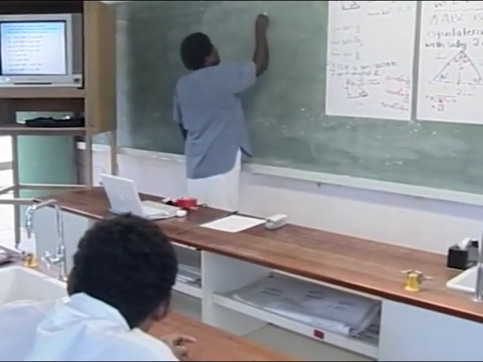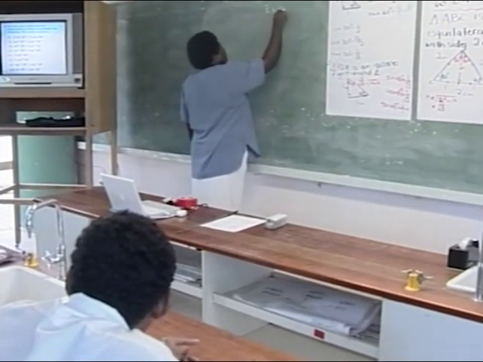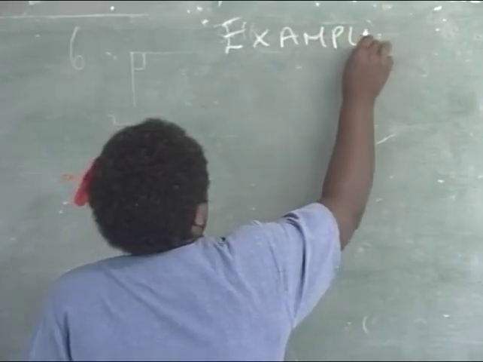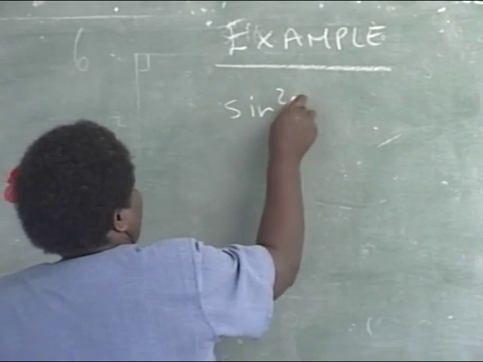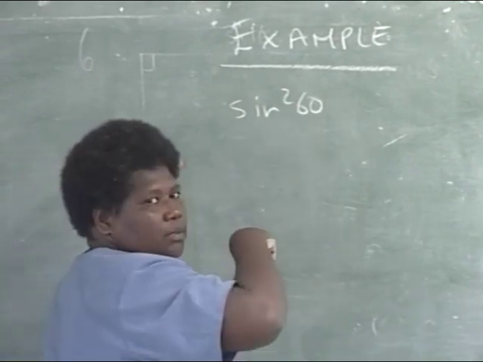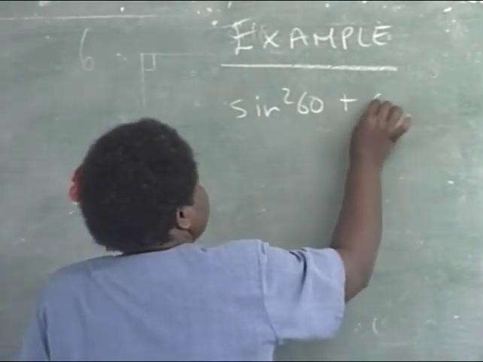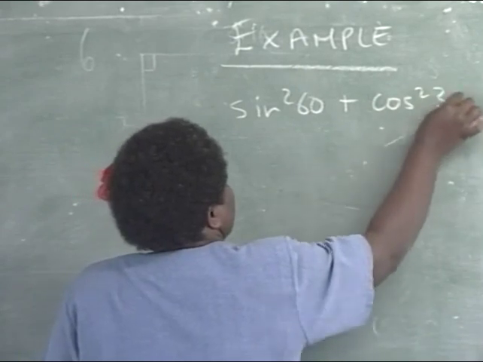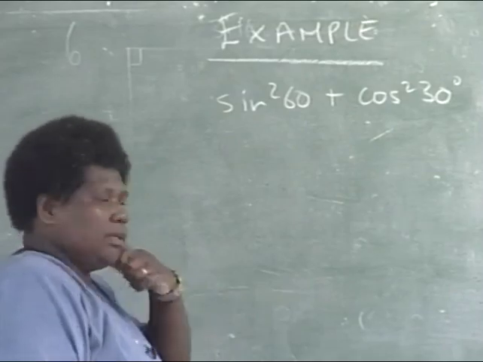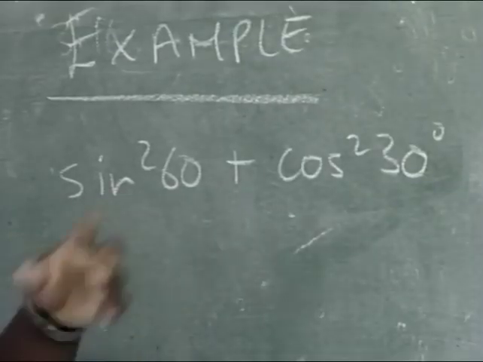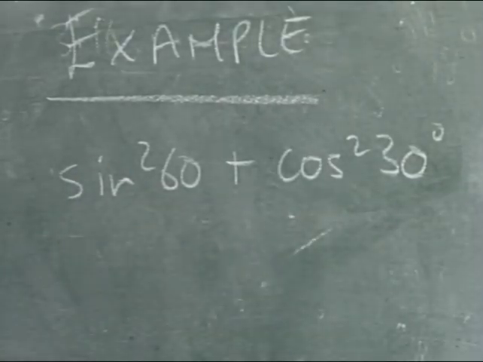Say, for instance, if you are asked to find sine of 60 squared plus cos of 30 degrees squared.